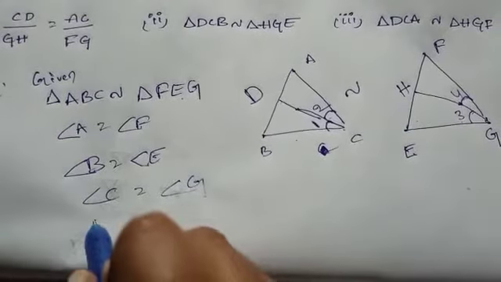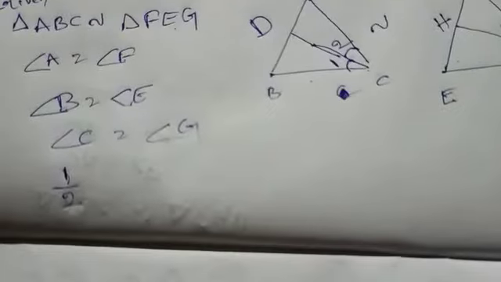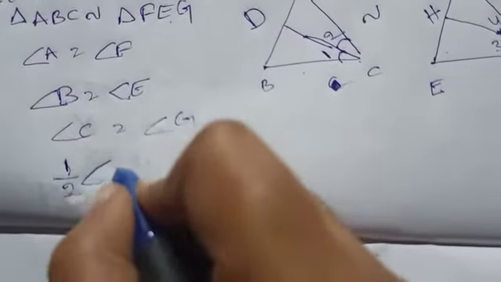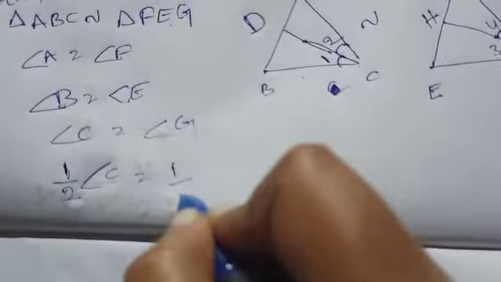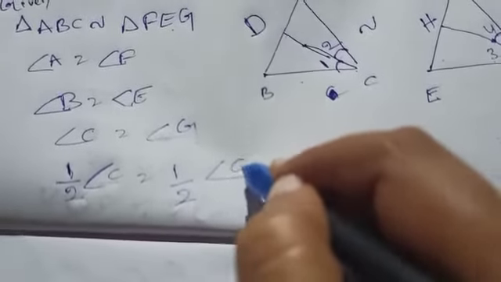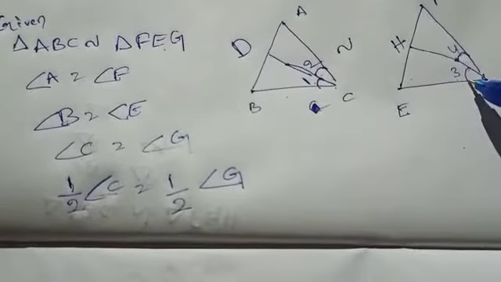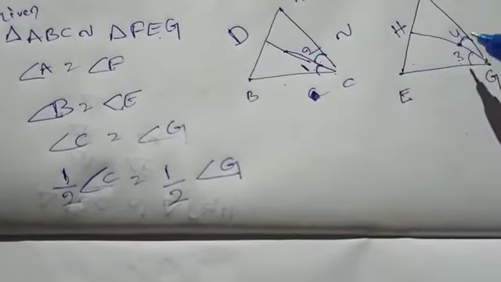Suppose half of angle C equals half of angle G. It means angle 1 equals angle 3 and in the same way angle 2 equals angle 4.